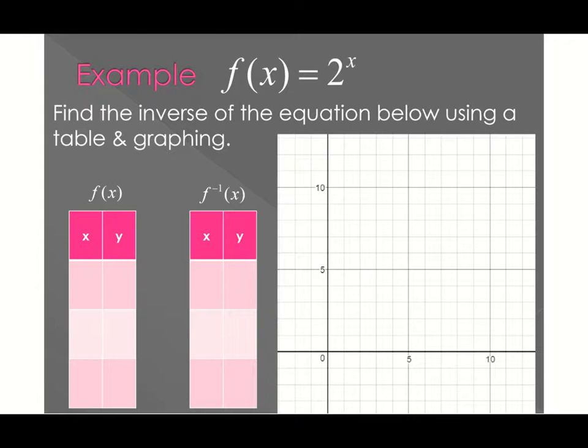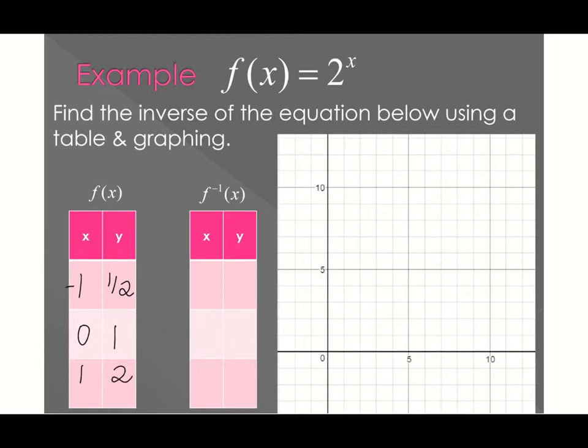If we have 2 to the x and we want to graph that function, we could plug in a bunch of different values. If we plug in -1, 2 to the negative first is 1/2. If we plug in 0, anything to the 0 power is 1. If we plug in 1, 2 to the first power is 2.